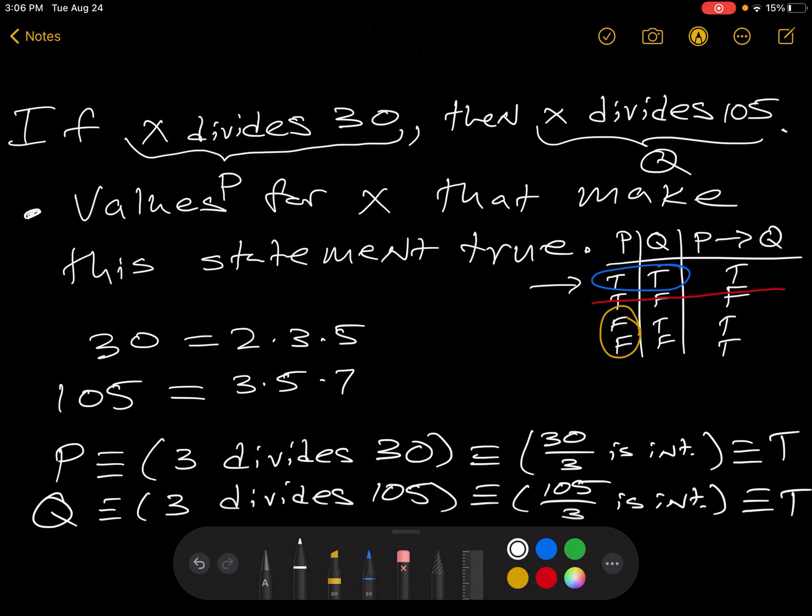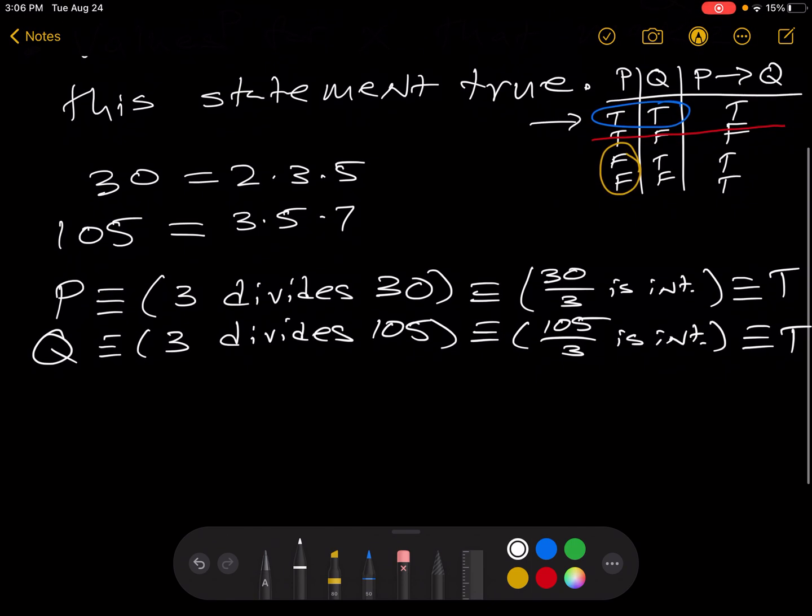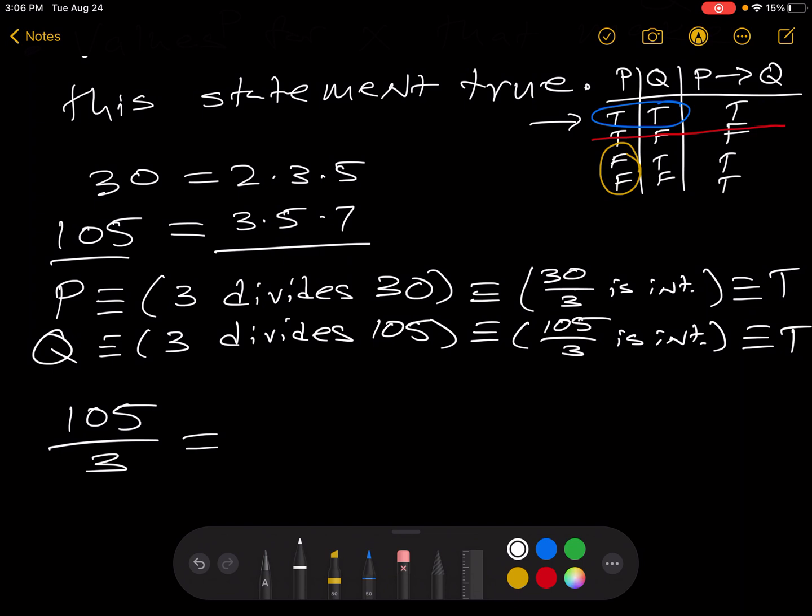Now maybe you're not convinced that 105 over 3 is an integer, so let me show you how that works. 105 over 3, remember 105 is 3 times 5 times 7. So in fact, that is an integer.